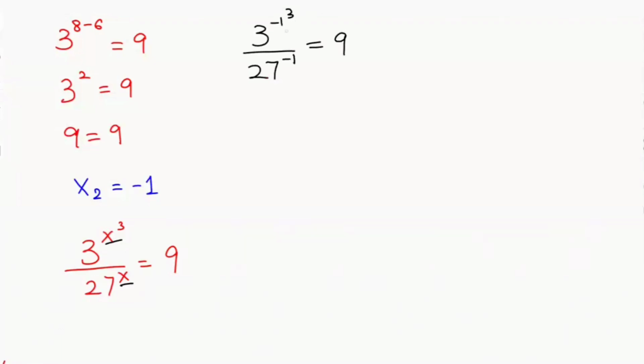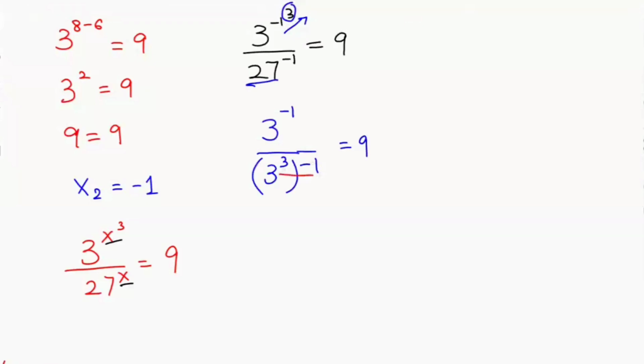Now if I solve this, -1 three times, we have the odd power, so the answer we get is still negative, over 27, which I write in the form of power, whole to the power of -1 is equal to 9.